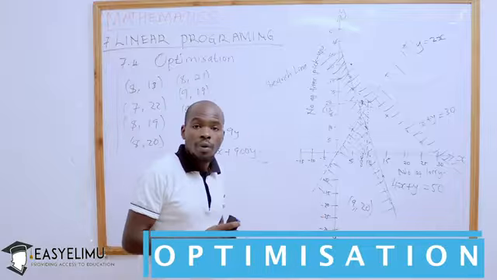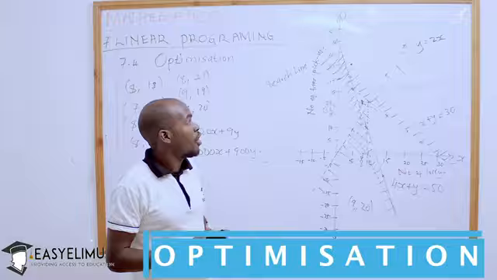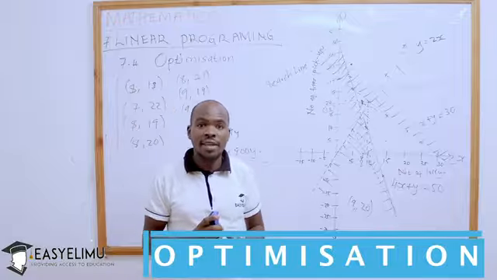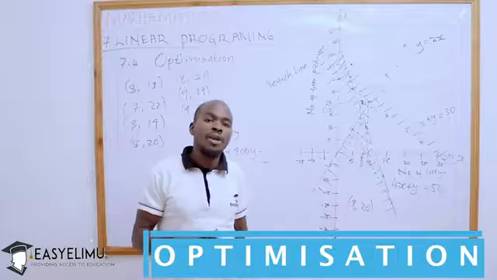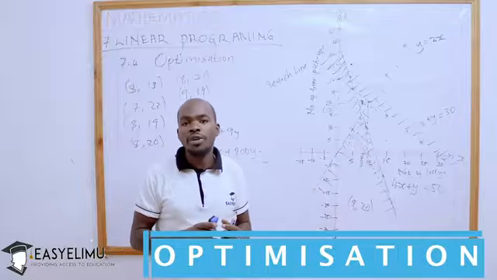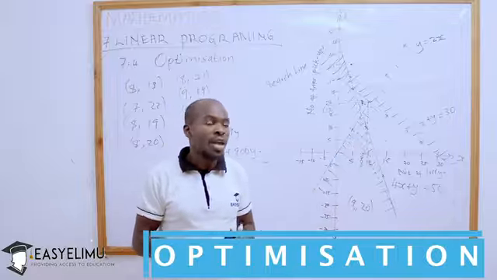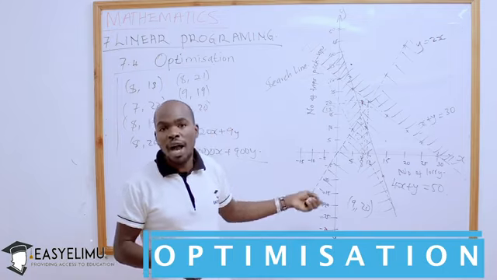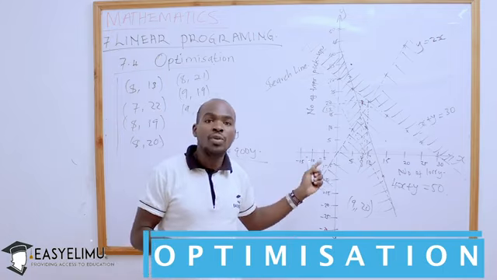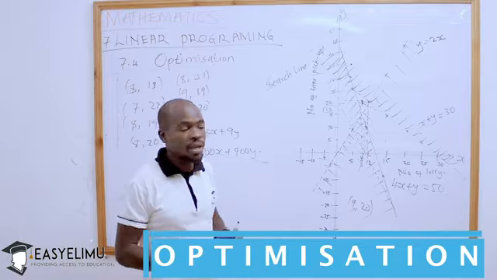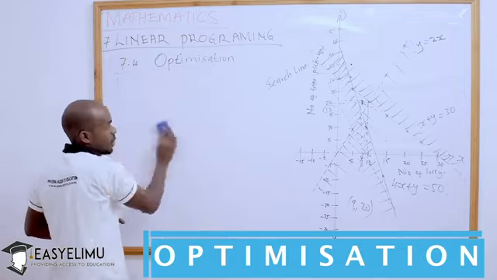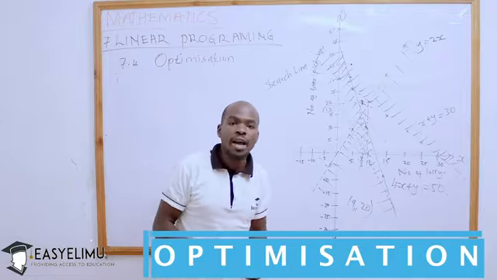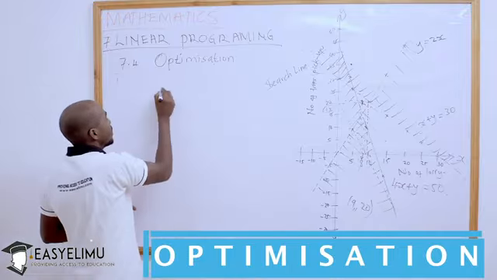So with that, we can come to a conclusion of that optimization and say that the process of finding a maximum value or a minimum value is what we refer to as optimization. And the whole process of what we have just done here is what we refer to as linear programming. For instance, we have encountered forming of inequalities.